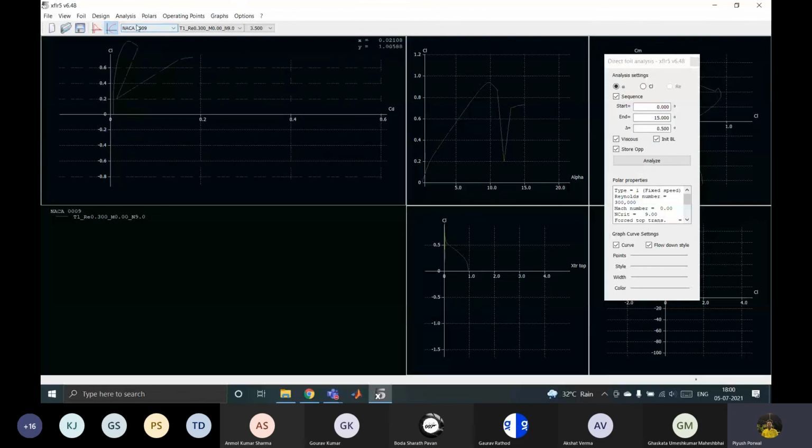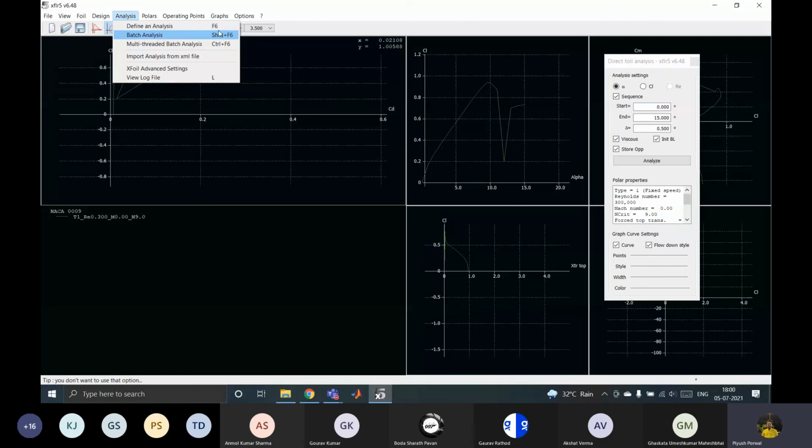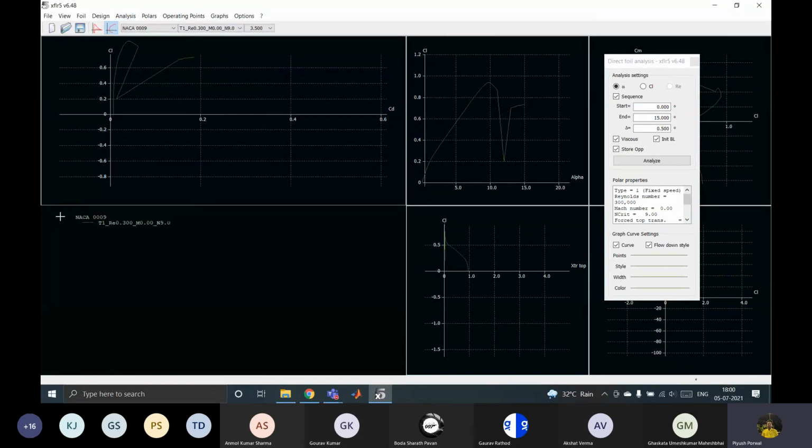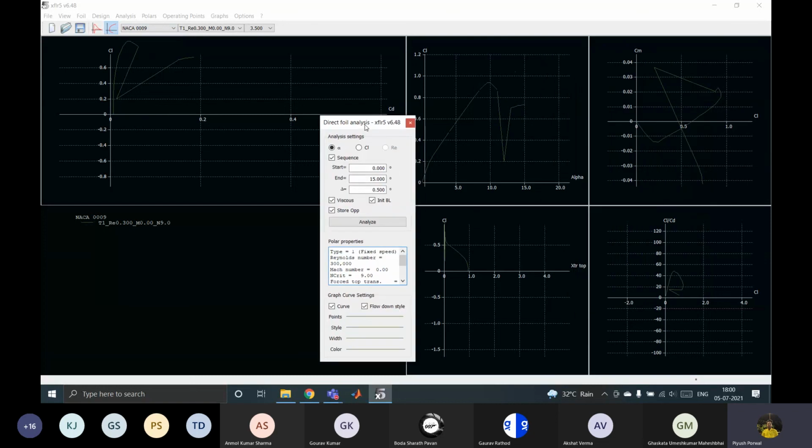You can also perform batch analysis. I performed it for only one airfoil, but you can perform it for three airfoils together. For batch analysis, we have provided you the videos, you can see them. This is how you use the XFLR5 software, and in the videos you will see much more detail.